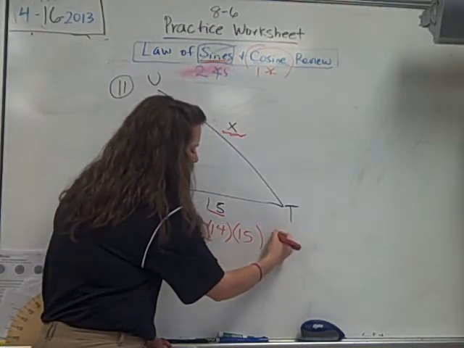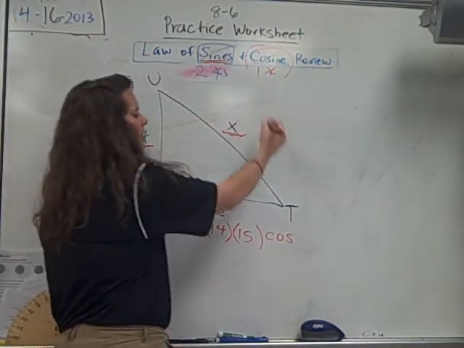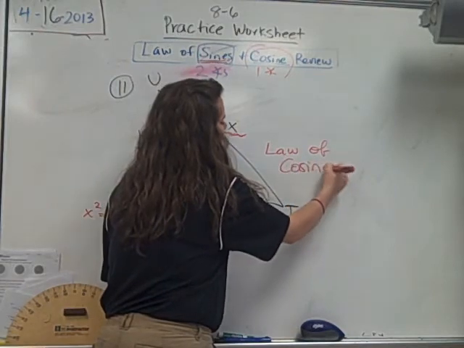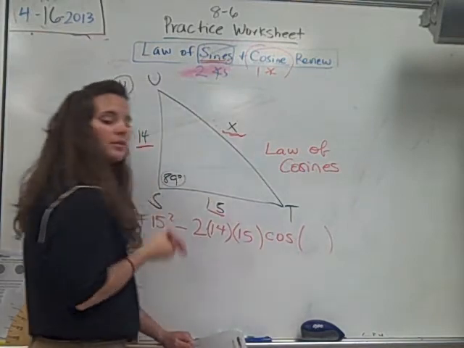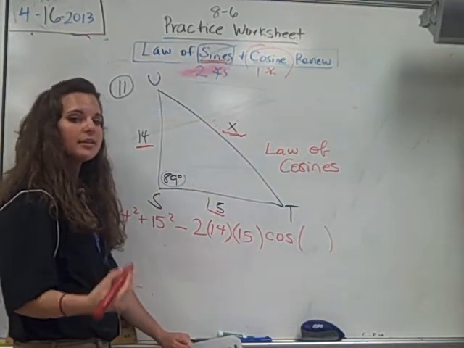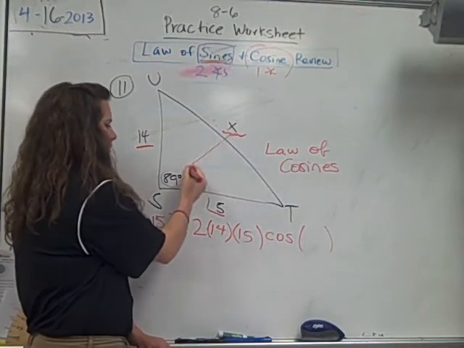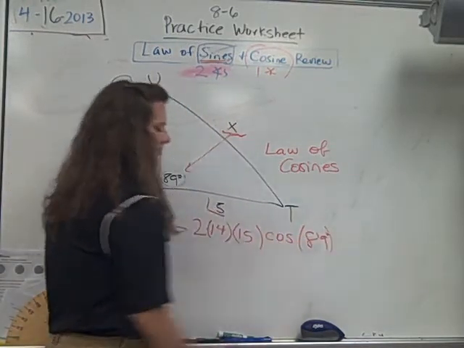The last part of this is always cosine. This is called the law of cosines. So cosine's always going to be in there. What always goes right beside your trig is always an angle measure. What's the angle measure that's across from the side you want to find? This is 89.